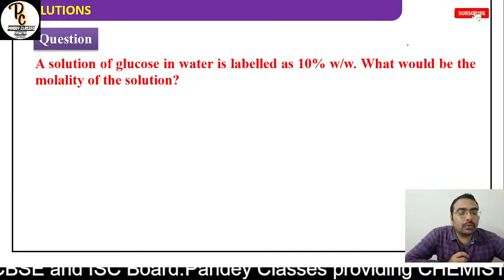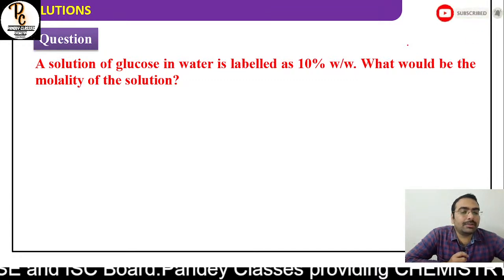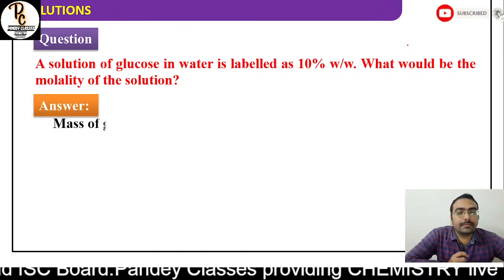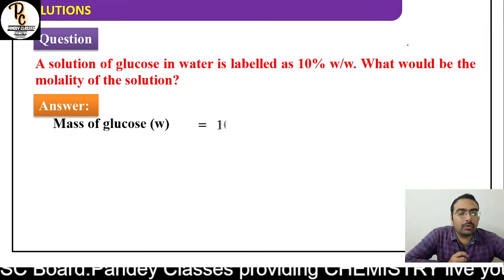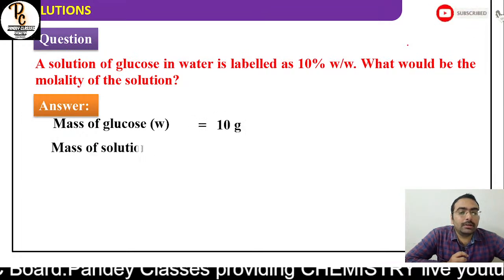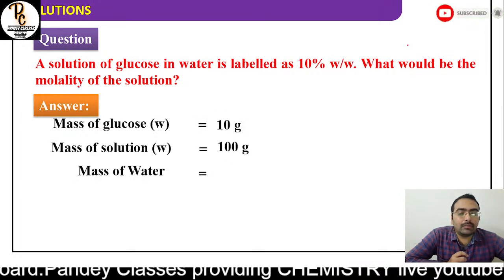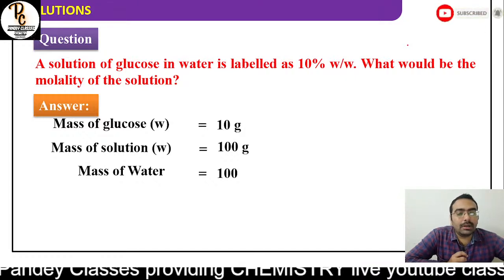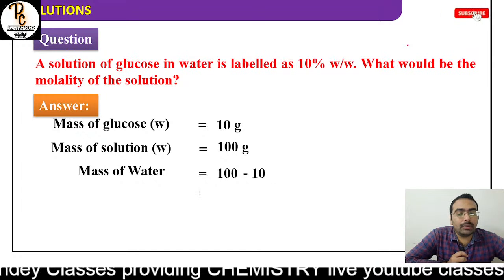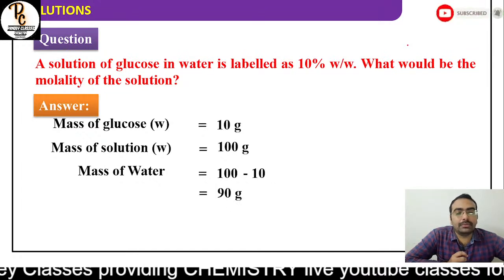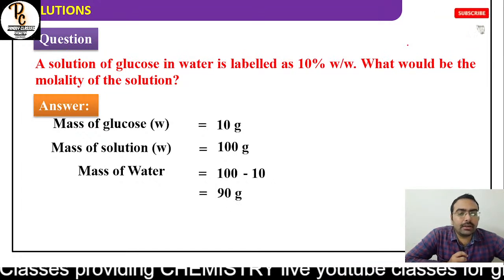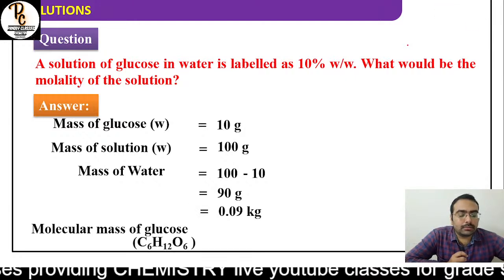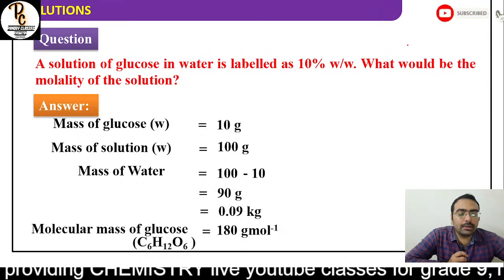A solution of glucose in water is labeled as 10% w/w. What would be the molality of the solution? Here the mass of glucose, we all know, is 10 gram, the mass of solution is 100, and the mass of water will be 100 minus 10 equals 90 grams. So we can easily calculate this molality.